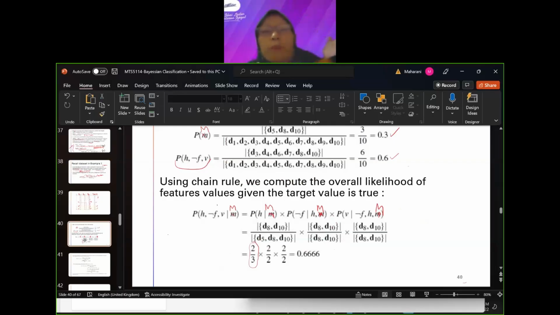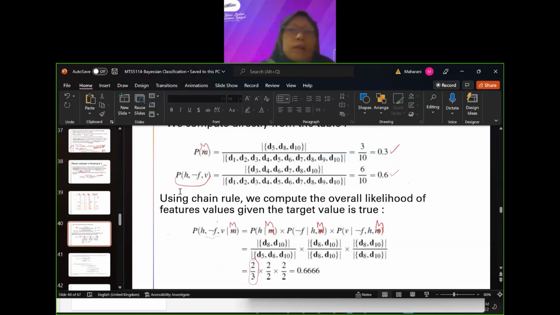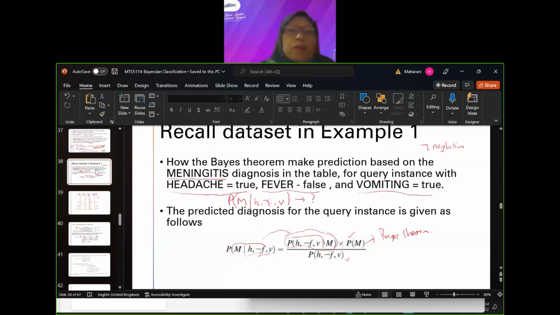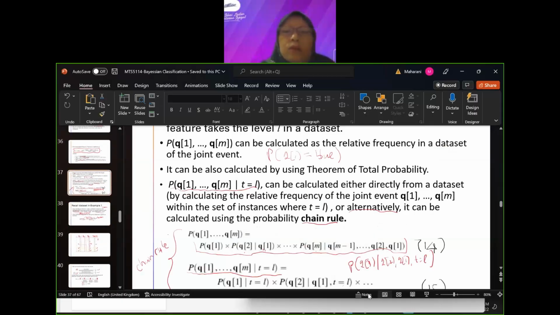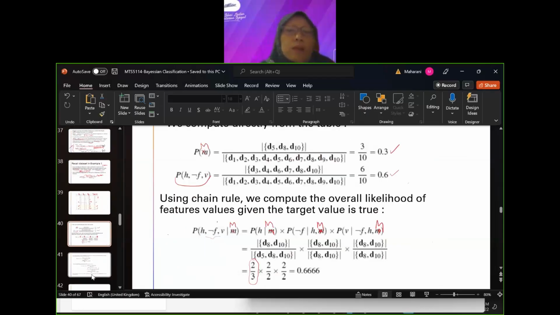So, the probability of the 3 features with meningitis equals, according to this, we are going to use that.